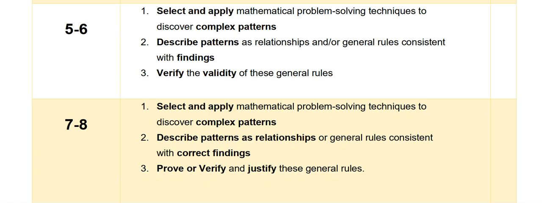What about the validity thing? What can we do to check the validity of our general rule? We could do interpolation. You could check to see whether your rule is applicable beyond certain points. Now that bit goes hand in hand with criterion D as well.